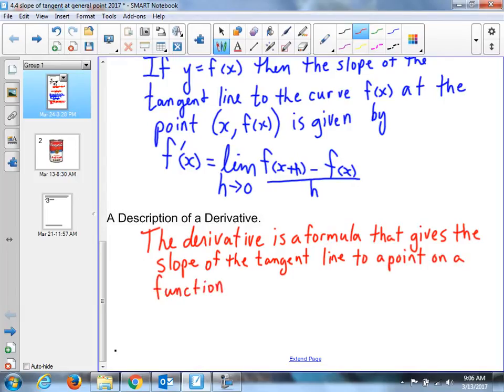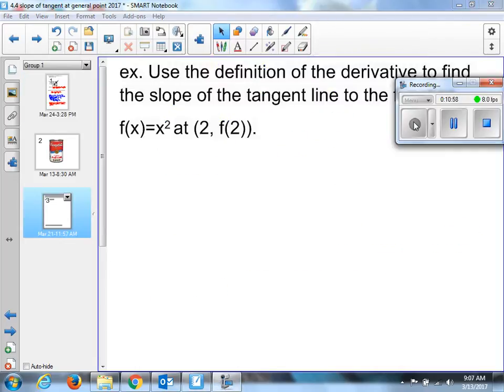Now, it'll make more sense as we do a few examples here. It might not make sense. Let's just try this.